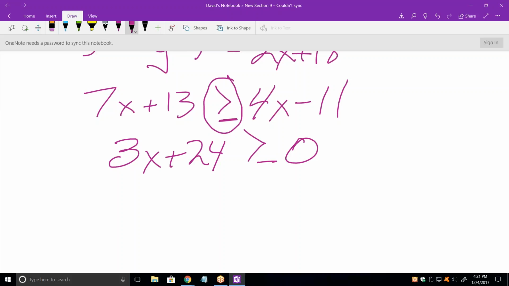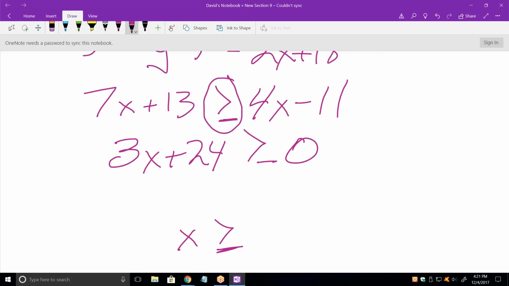Now what? Isolate x. We want our final thing to say x is greater than or equal to some number. Oh, so subtract 24 now?